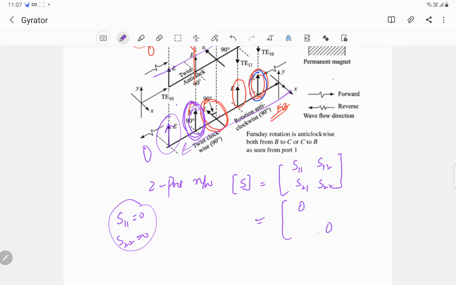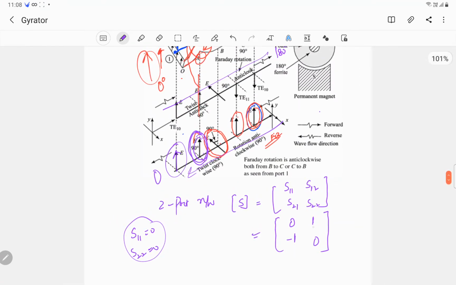So far as S12 is concerned, it will be 1, and S21 would be minus 1. S12 is B1 upon A2 and S21 is B2 upon A1. Since there is a relative phase difference of 180 degrees, this element S21 has to be -1.